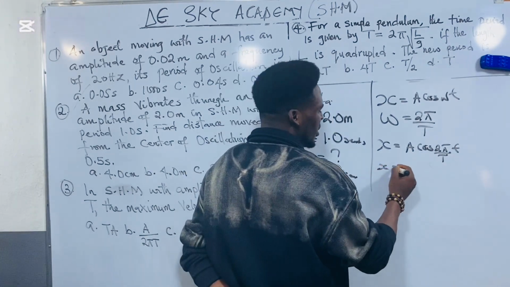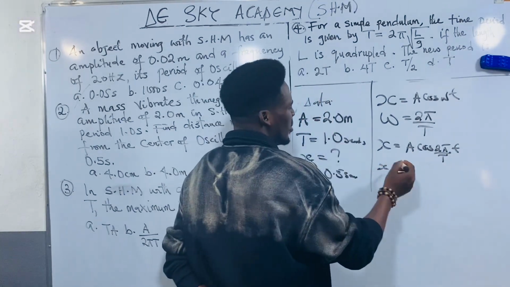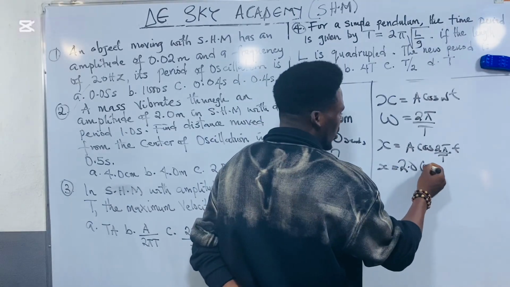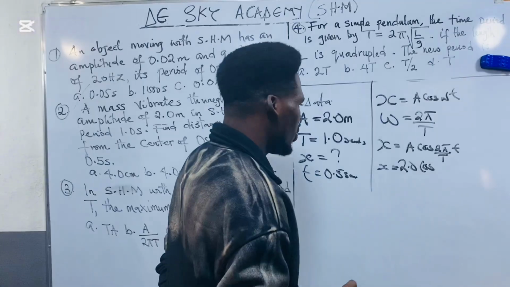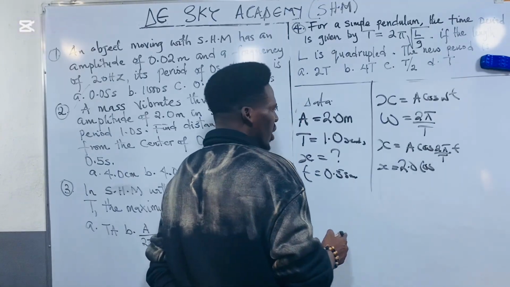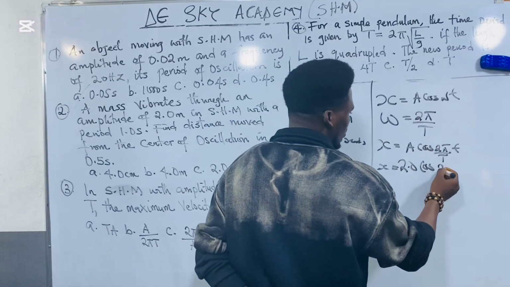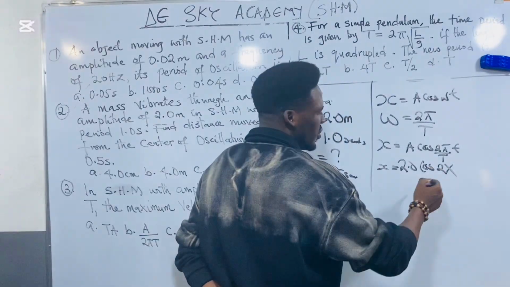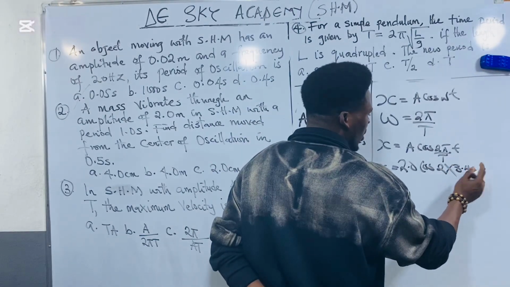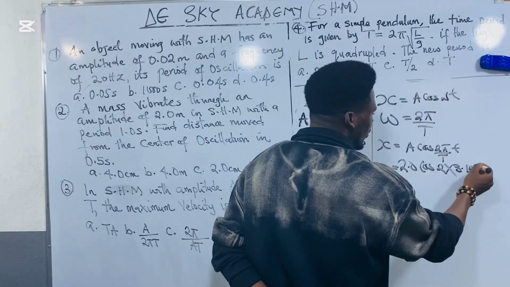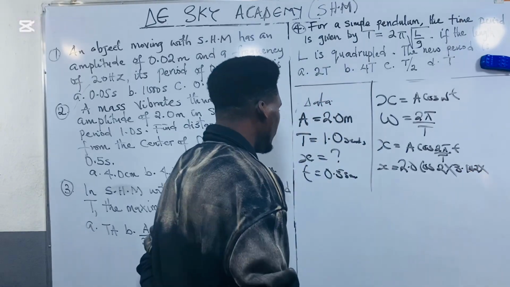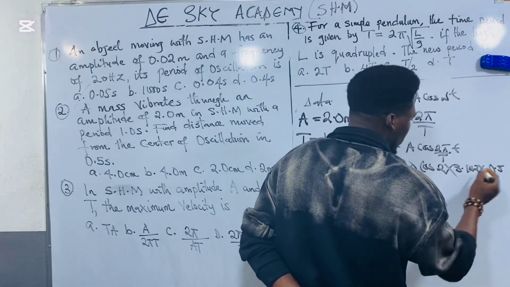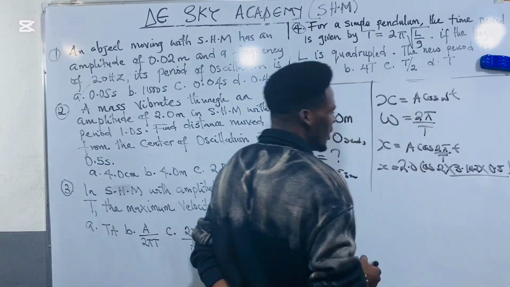So I will now have x is equal to, what is my A? 2.0 times cos, so what am I going to have here? 2 times, what is pi? 22/7 or 3.142, times, did they give us time? Yes, the time is 0.5 seconds, 0.5 seconds all over t.